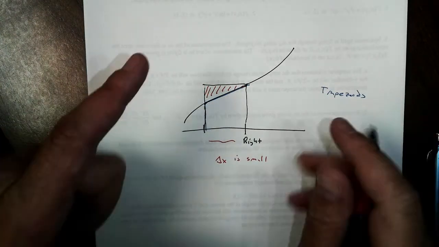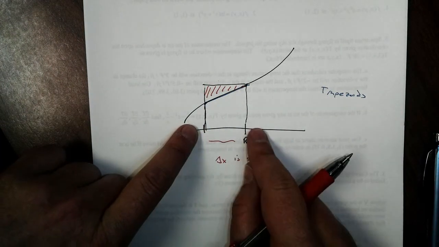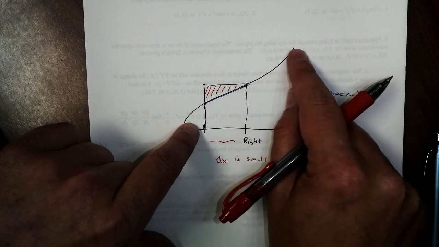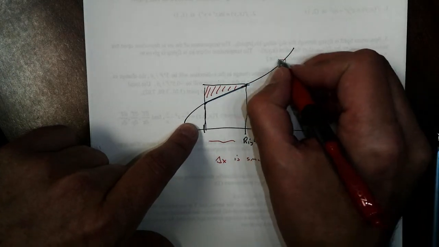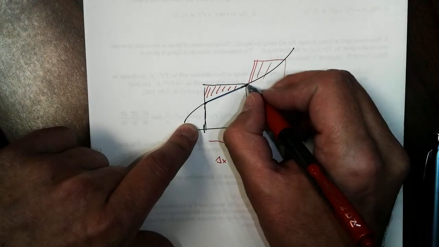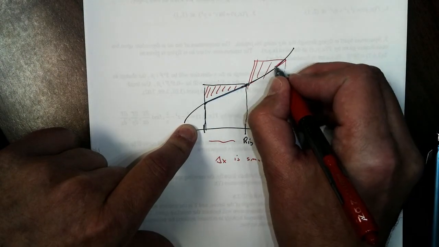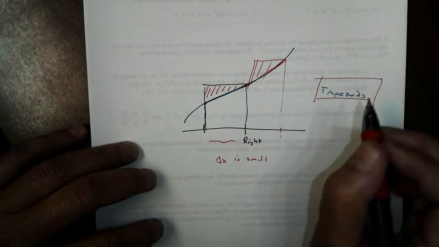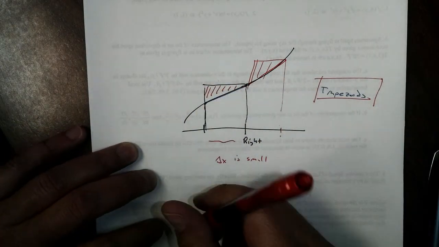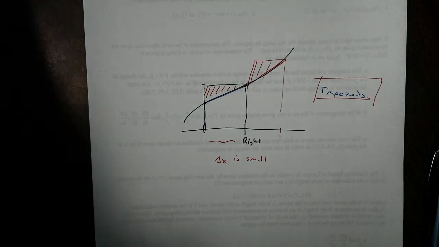So trapezoids, even though my base may be more spread out, tend to follow the curve more. Like what if I did right here? If I did my right, look at that overestimate. But if I did a trapezoid, I minimize my error. So trapezoids are a very good tool to use for us. And that's what we're going to talk about right now.